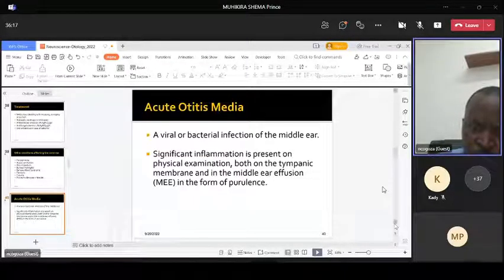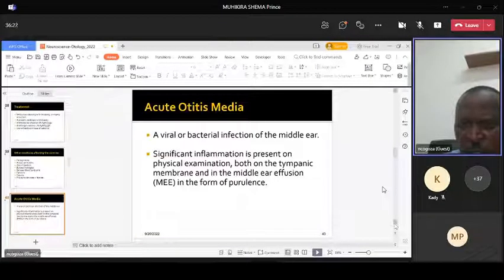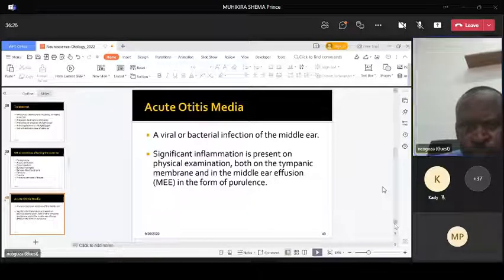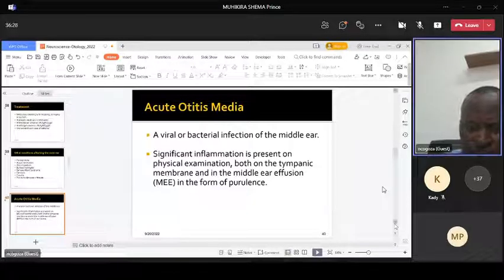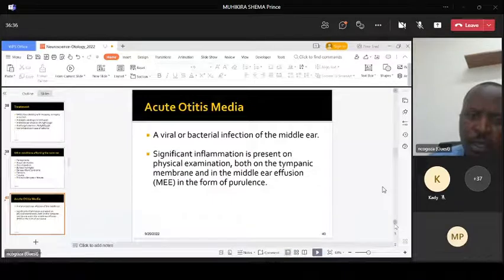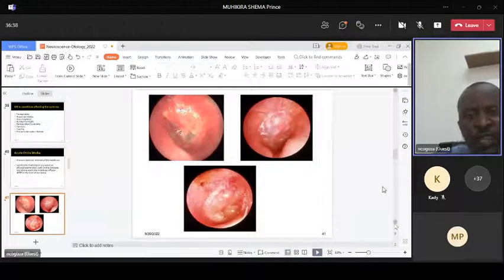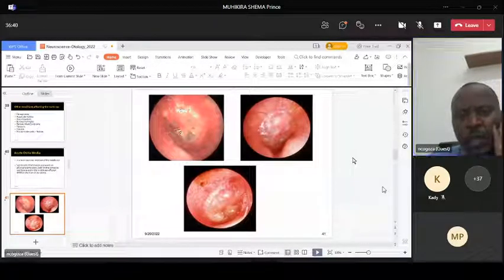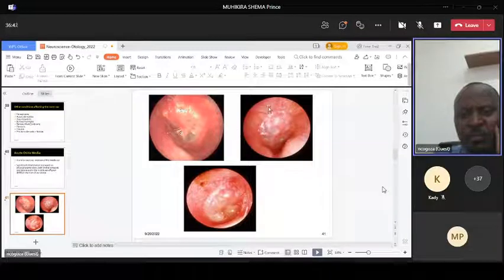As you see, significant inflammation is present on physical examination, both in the tympanic membrane and the middle ear, with effusion, and there is purulence, meaning acute otitis media: there is purulent discharge in the middle ear without a perforation. If you look at the tympanic membrane, you will see that its anatomy has changed.